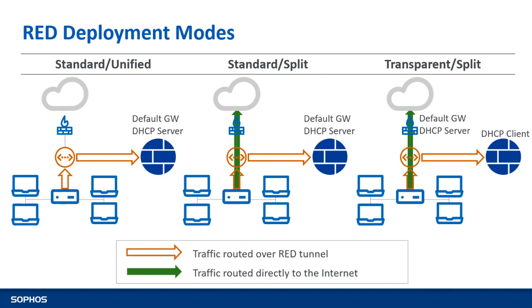Okay? And the transparent split. Here the firewall does not manage the remote network, but is a member of it. Okay, so the firewall obtains the IP address from the DHCP server running on the remote network, and only traffic to defined networks is sent over the RED network to the firewall, and all the other traffic is sent directly to the internet.